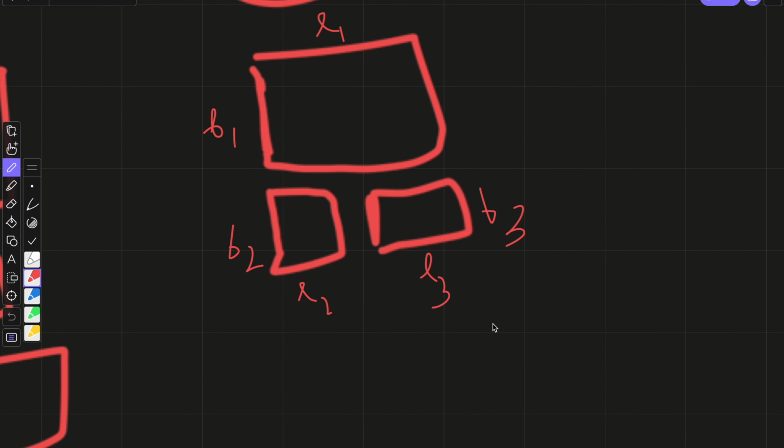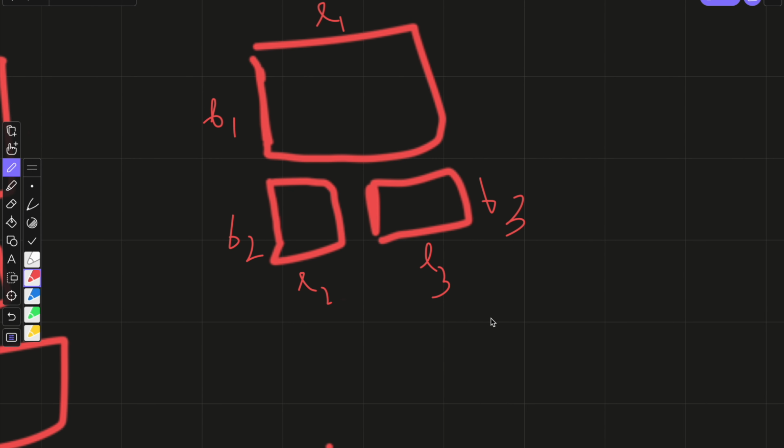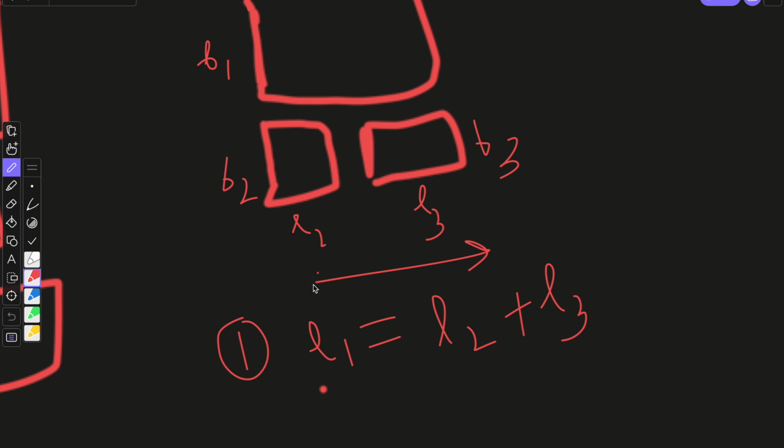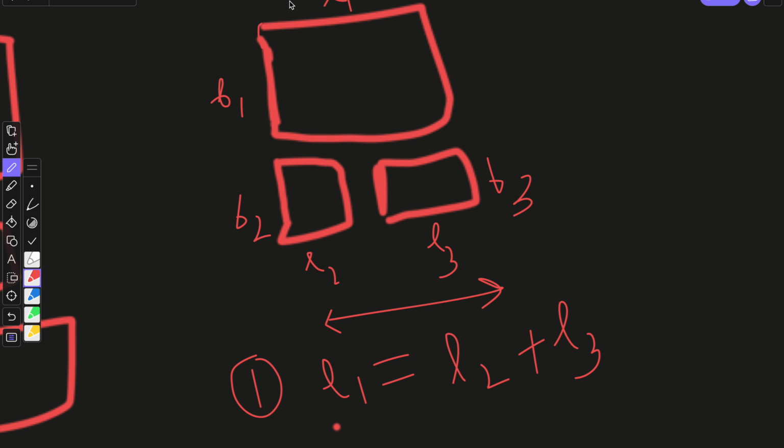So what are the conditions that are going to be true here? The first condition would be L1 must be equal to L2 plus L3, so that these sides are equal.